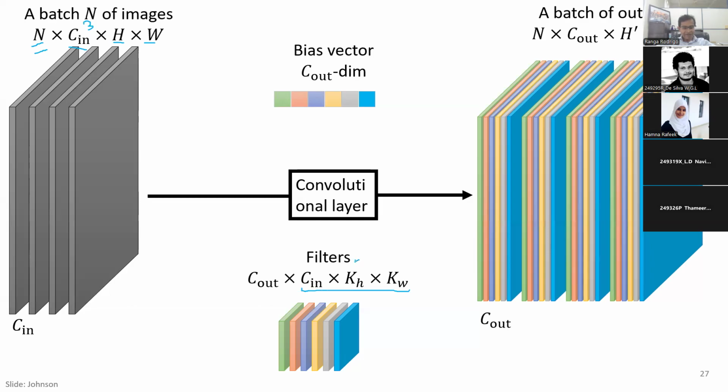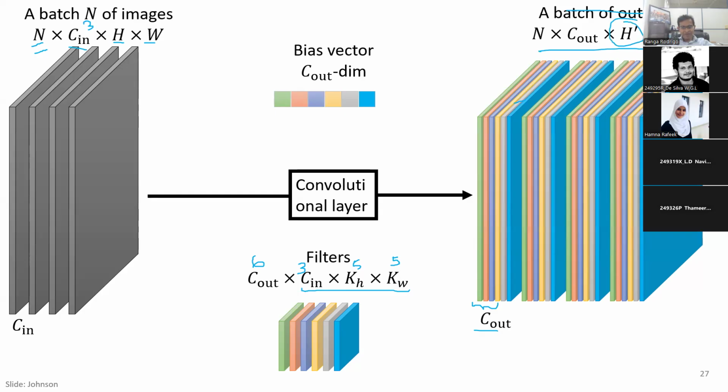We had 5 by 5 in the previous example, and C_in used to be 3 because we had a color image. C_out we decided to be 6. So due to each of these images, we get a feature map of depth C_out. The whole batch output will be N times C_out times H' times W'.